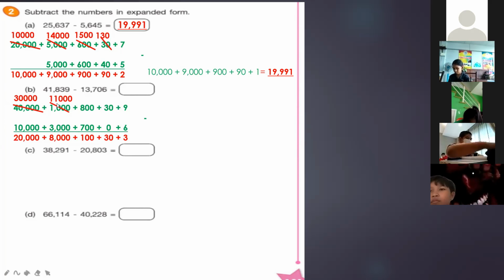So we have to borrow 10,000. So 1,000 will become 11,000 so that we can subtract 3,000. Okay, so 11,000 minus 3,000 is equal to 8,000. And 30,000 minus 10,000 is equal to 20,000.